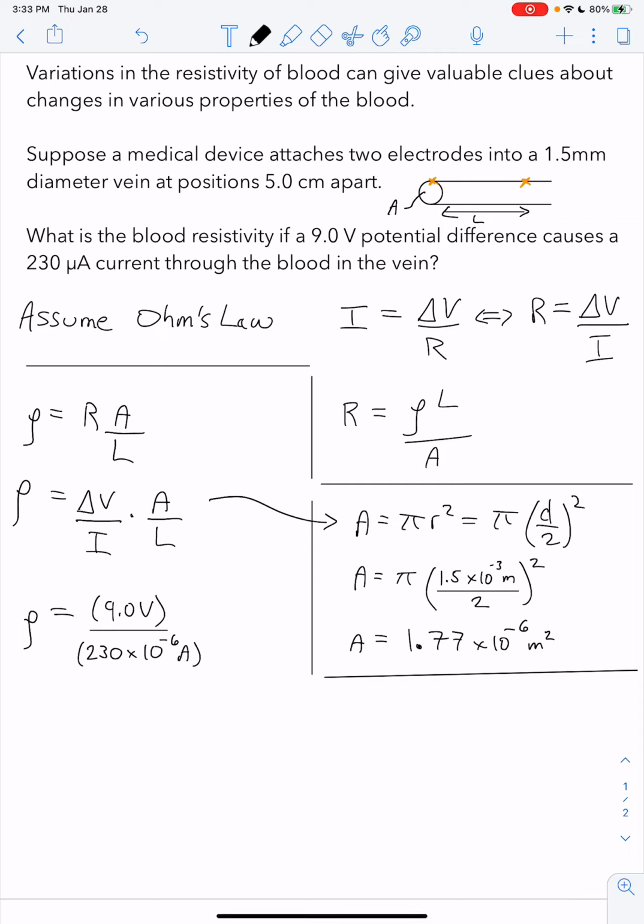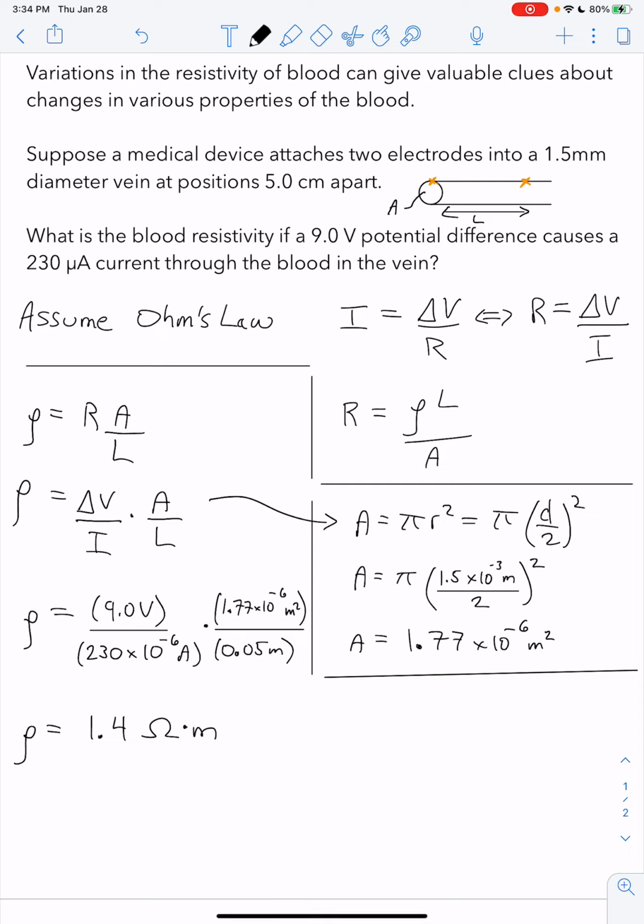And then we have an area, and the area was 1.77 times 10 to the negative 6 meters squared, and that's all over a length, and the length was 5 centimeters, so 0.05 meters. Okay, and so I'm going to plug all that in, and we get an answer of 1.4, and that is going to be ohm meters.